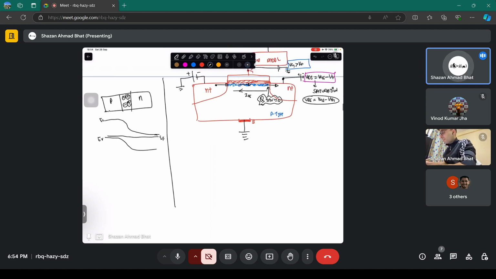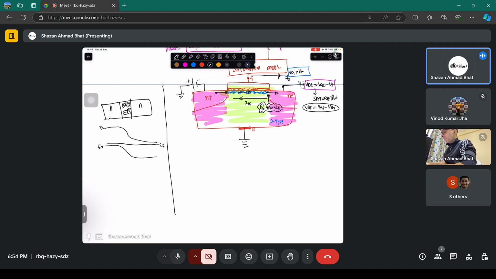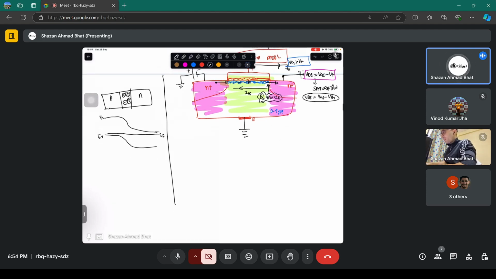Here, how do you draw the band diagram? You consider these regions, and then you consider the middle region. You consider this region, you consider this region, and then you consider this region again. That means the pink regions are common, only the middle region is the different one. There are three regions.